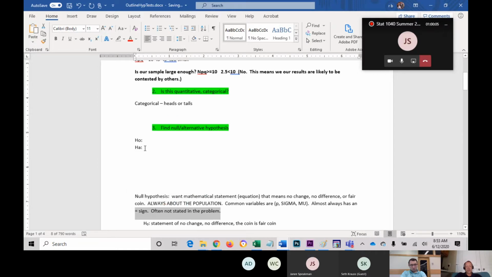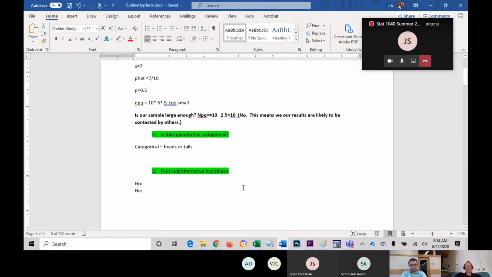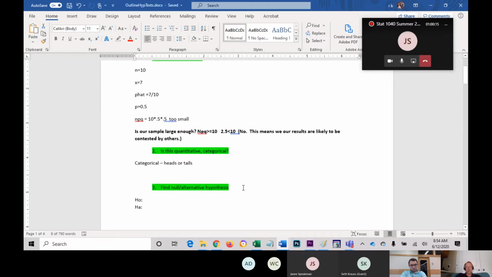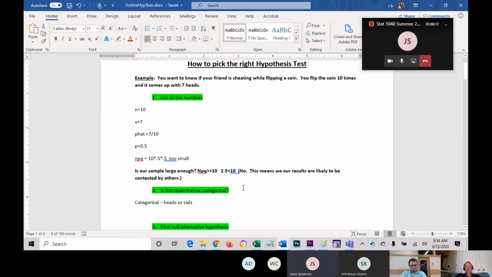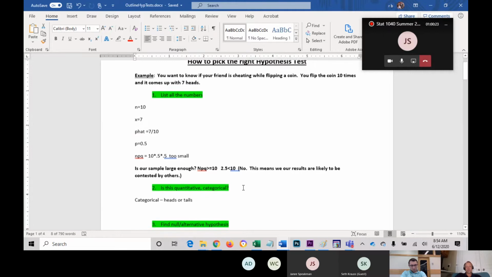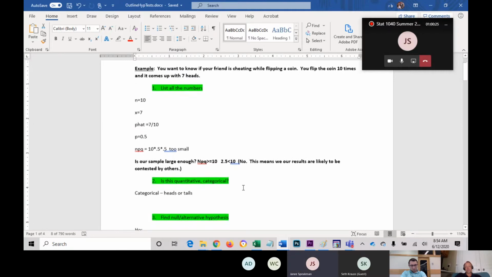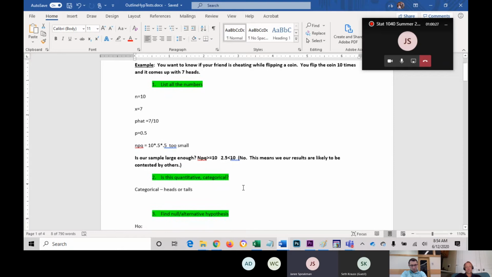It's often not stated directly in the problem, and it means a statement of no change, no difference, or the coin is fair. So if they're getting 7 out of 10 heads, does that tell me I have a fair coin? No. So what would indicate a fair coin? Wouldn't it be if it was like 5 out of 10? Okay, so what's 5 out of 10?